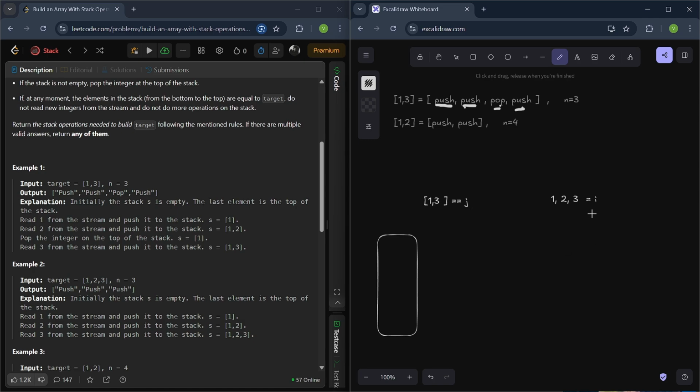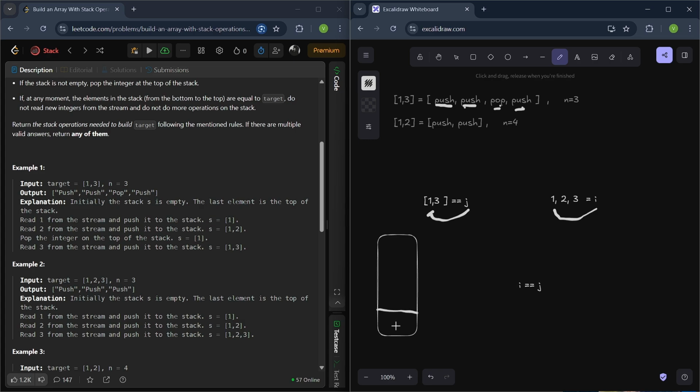So now I will be on this first value, that is 1, and we will check if i is equal to j. I will be first on this value. The i value is what? 1. And the j value, the first value in the target, will be what? 1. So is i equal to j?